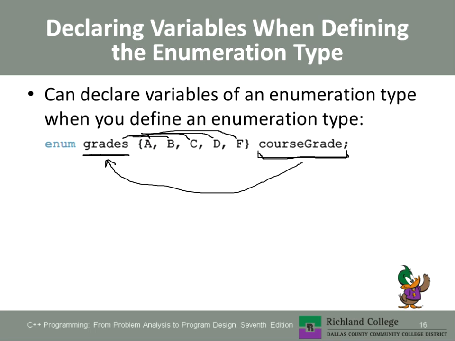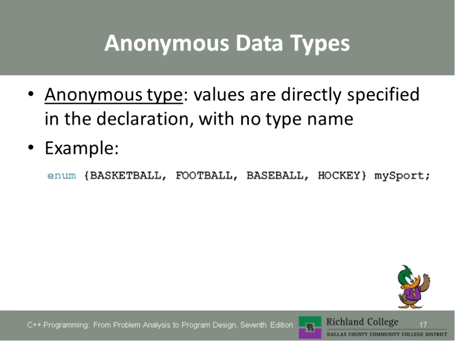But we're doing it at the same time, when we're declaring the enumeration type, and also declaring the identifier. And because of that capability, you can see that, okay, what comes over here?